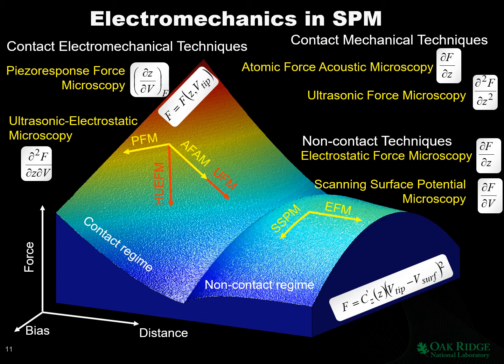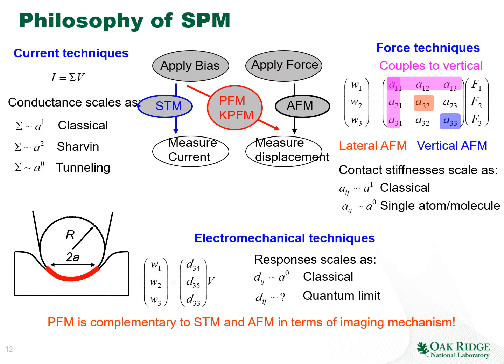PFM measures the derivative in the direction of the bias. So in other words, surface displacement versus bias. There are more complex techniques such as ultrasonic force microscopy or heterodyne electrostatic force microscopies that will measure the signal proportional to the second derivative of this force distance bias surface.